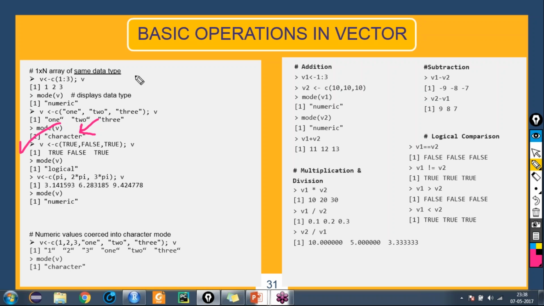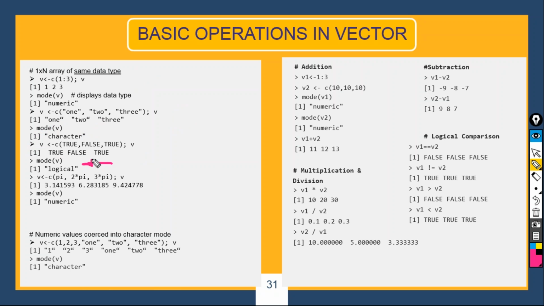Here we did numeric, this is character, and here we are doing logical. As we have discussed, logical is true, false, so we concatenate it into vector V, and when we print V with run, it will show true, false, true, the elements of vector V. And when we put in mode, it will show the data type, that is logical.